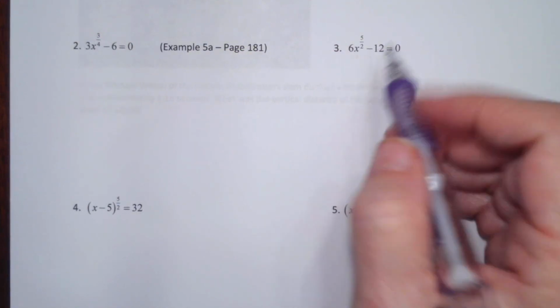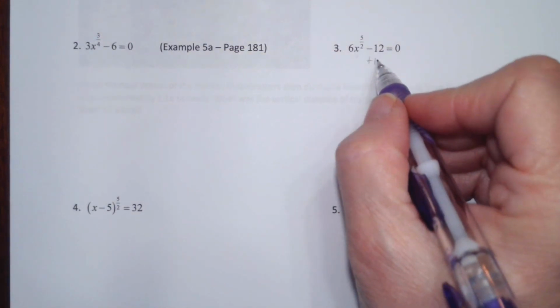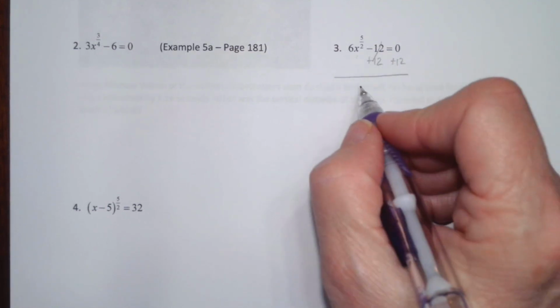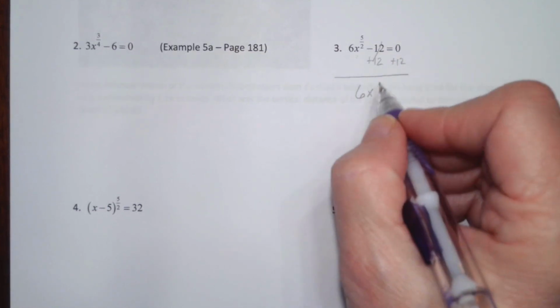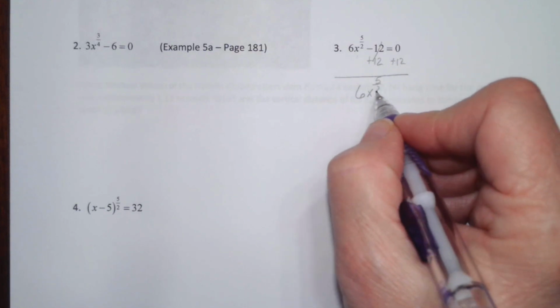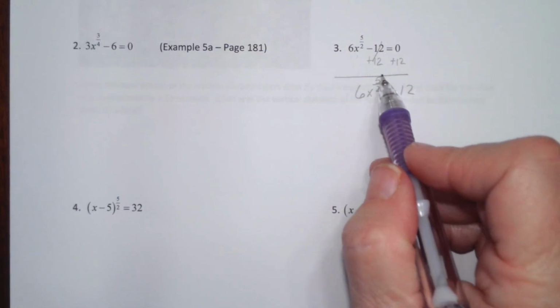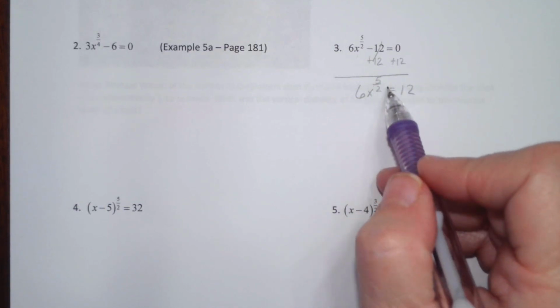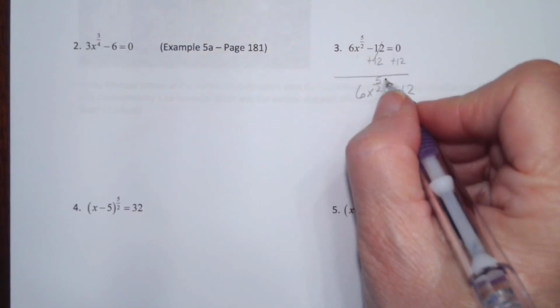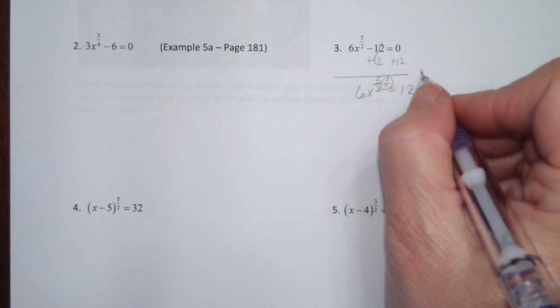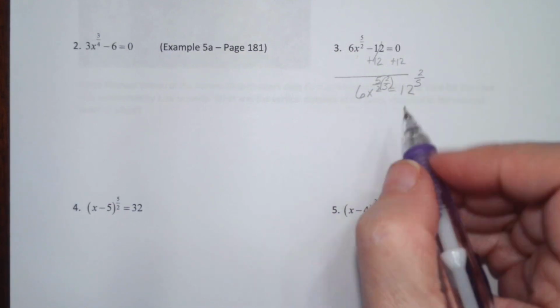So I first need to add 12 to both sides. So then I have 6x raised to the 5/2 is equal to 12. So now I need to get this exponent equal to 1, so I'm going to multiply by the reciprocal. So that's going to be 2/5. I'm going to multiply by 2 over 5.